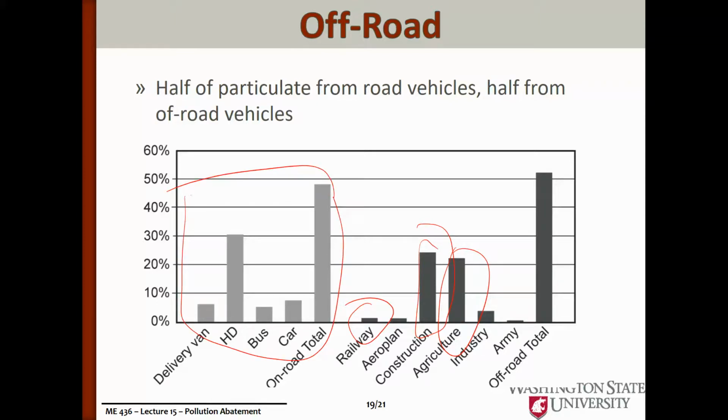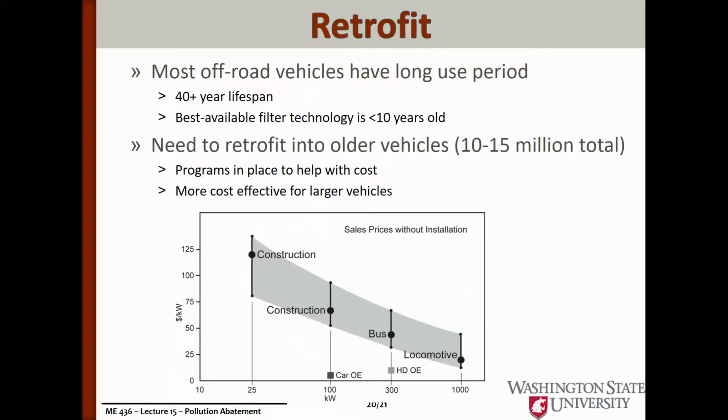And so how do we regulate these off-road vehicles? We are introducing regulations in specific industries bit by bit. The real challenge here is that most cars and trucks are generally all engines of the same size, somewhere between 100 and 500 horsepower.